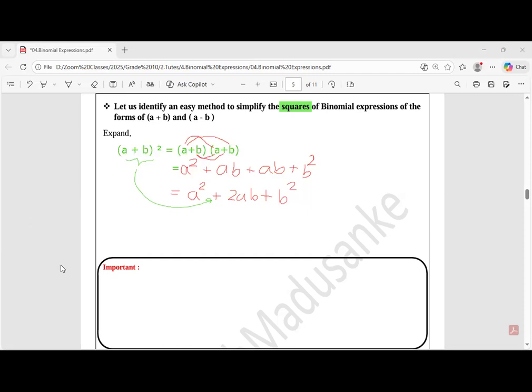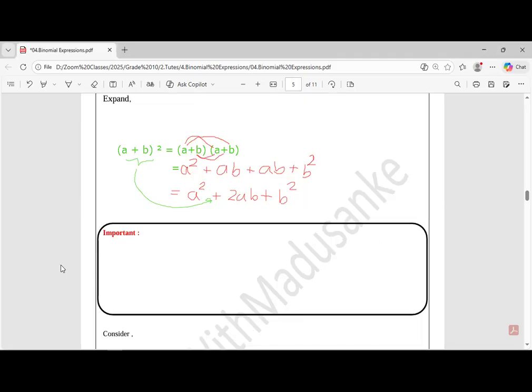Sorry, I will scroll a little bit. Okay. Now please write inside this important box, somewhat at the middle: brackets A plus B close bracket the square term equals.